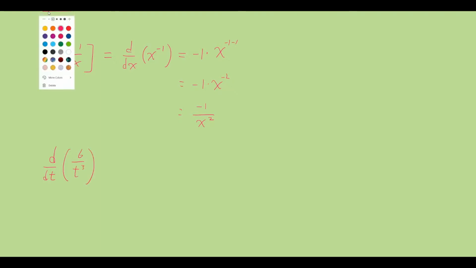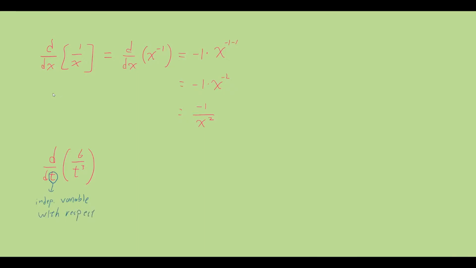And just a quick reminder, this t in the denominator just tells us what our independent variable is, or what we are taking the derivative with respect to, in this case with respect to t. All right, let's go ahead and do this. First, same thing, we're going to bring up the t so that we have a power function: 6 times t to the negative third power.